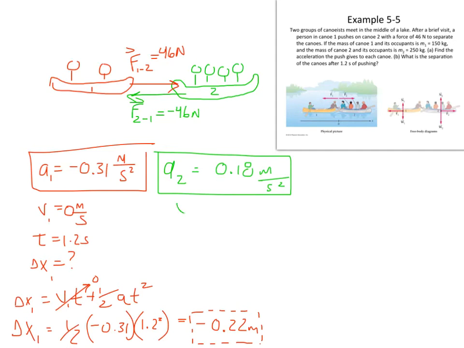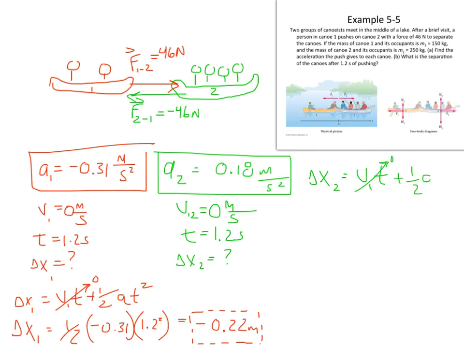All right. So initial velocity for canoe 2 is going to be 0 meters per second as well. The time is 1.2 seconds. The displacement for canoe 2 is what we want to find out. All right, we have that acceleration right there, so the displacement for canoe 2 is initial velocity times time, which of course becomes 0 because initial velocity is 0, plus 1/2 acceleration of canoe 2 times time squared. So the displacement is going to be 1/2 times 0.18 meters per second squared, times 1.2 seconds squared.